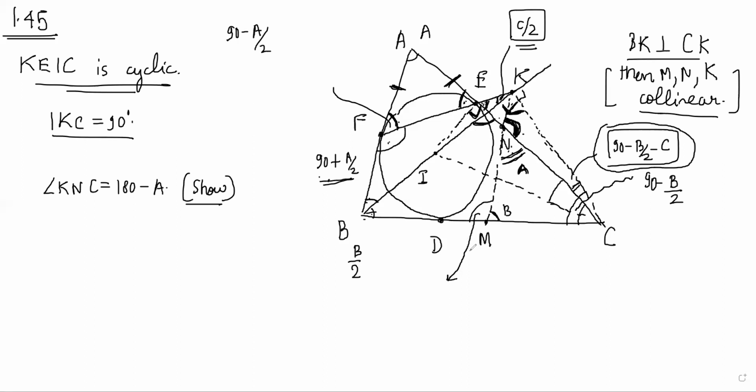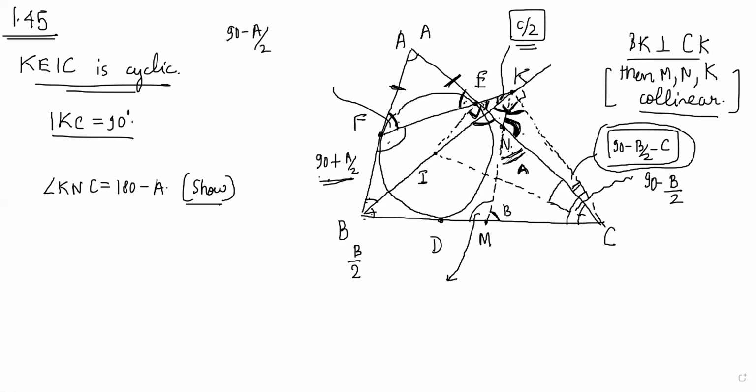We know this angle because we know this angle is half C. Do we know this top angle here? But we know CNM. CNM is an isosceles triangle, right?